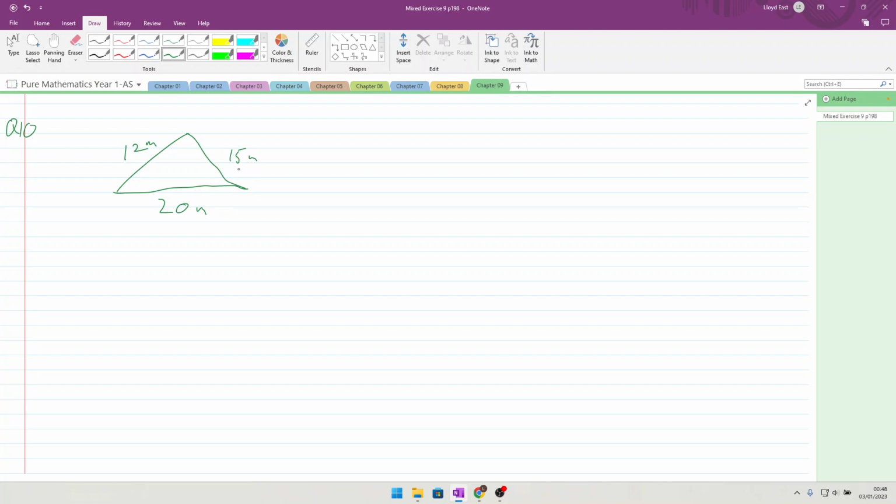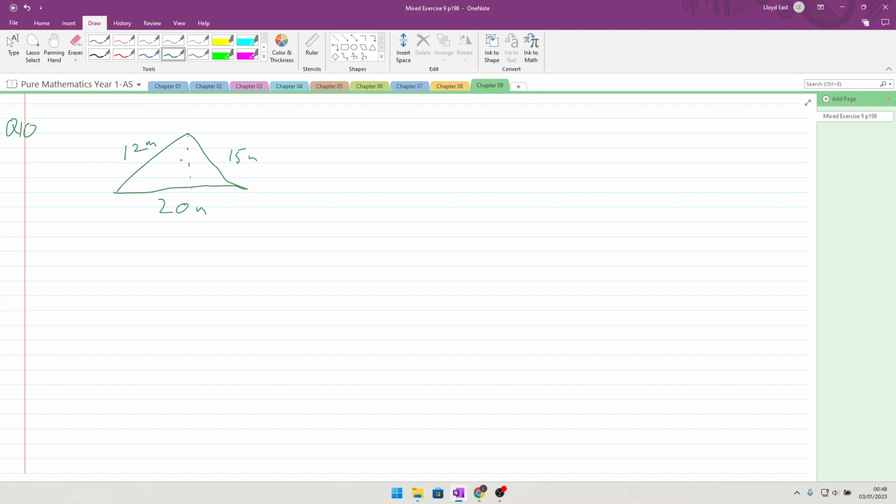So to begin with on this, it would appear that you don't have enough information because you're like, well, I need to know an angle, or I need to know a vertical height or something like this to enable me to get this to come out.